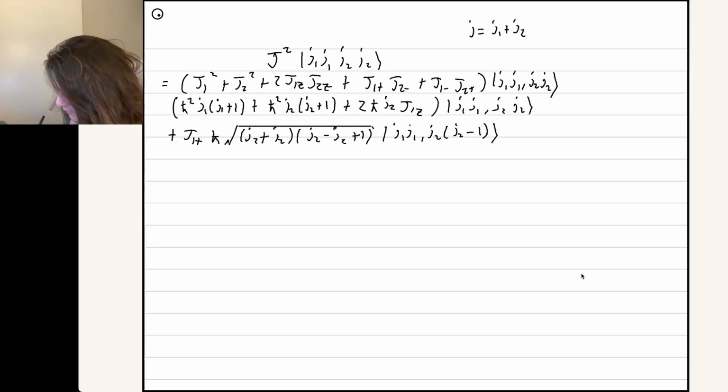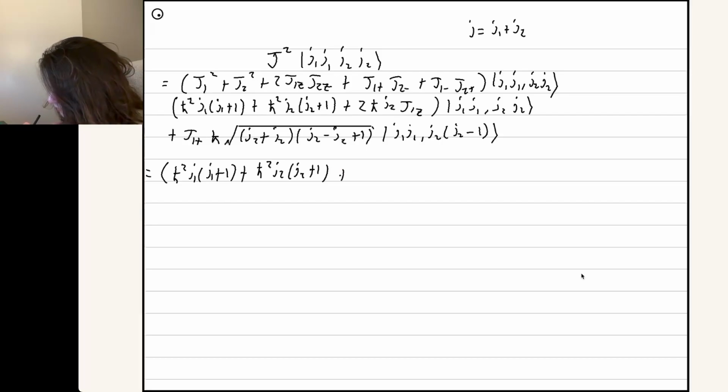Moving right along, continuing to act the Jz stuff on our little eigenvector, we'll have 2 h bar squared J1 J2.